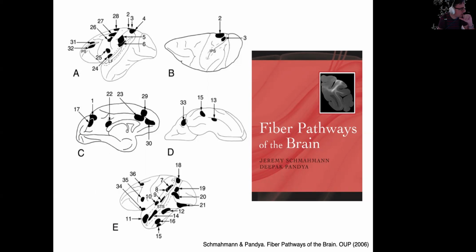You have the depiction here of the most advanced atlas of the connections of the macaque brain. On the left, the black areas correspond to the patchy distribution of injections that allow measuring the connections in those brains. They do not cover the entire brain.